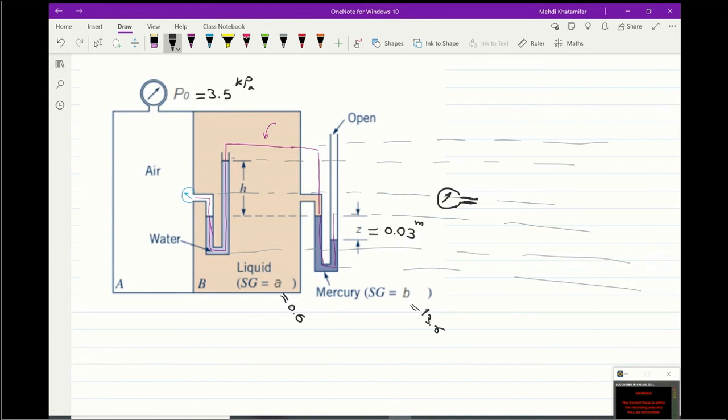Then let's go downward up to this stage. Should I go even lower up to this level? Yeah, why not? If I go like this, same liquid, same height, I'm going to get rid of it, so it doesn't matter. If I want to simplify even further, I can go even further down. It doesn't matter.